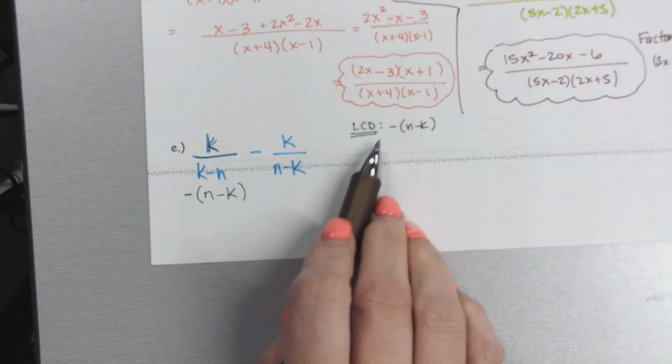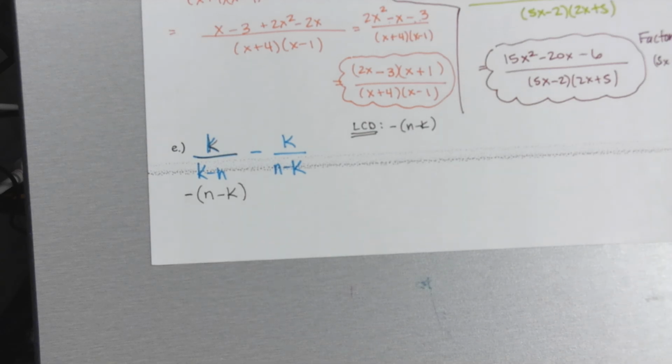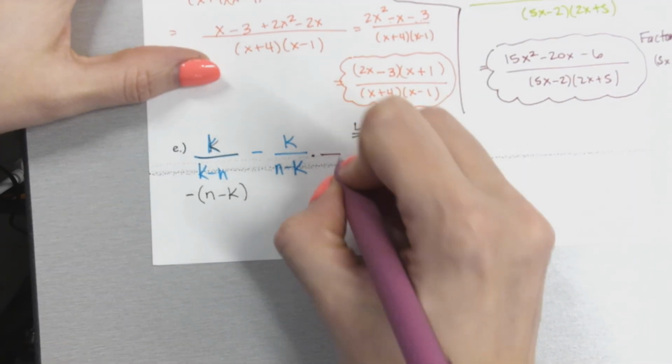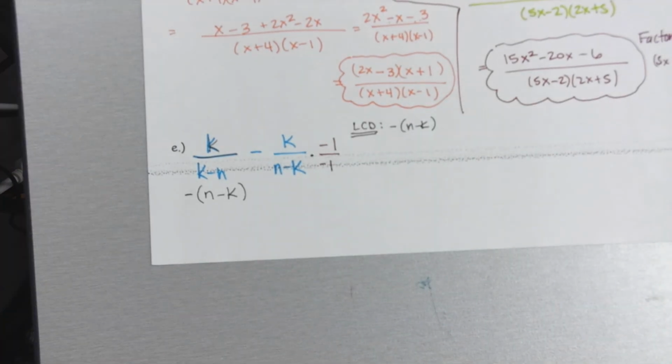Okay, so if that's your LCD, then all we have to do is multiply by -1 over -1. Okay, so you're going to multiply those numerators together.